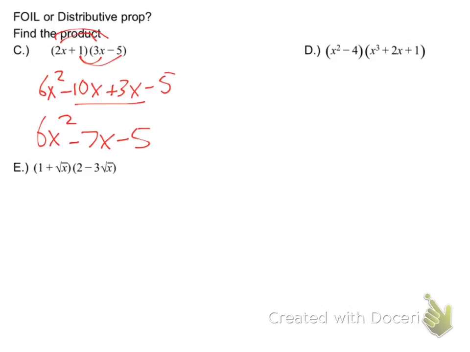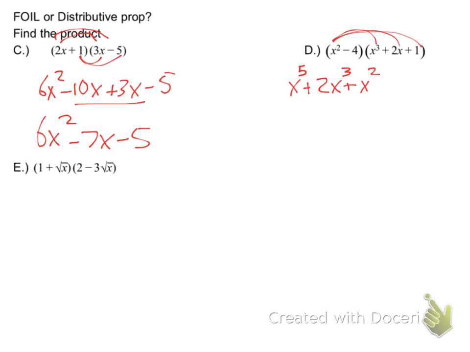D. Now what do you do? Do the same thing, right? x squared times x to the third, x to the fifth. x squared times 2x, positive 2x cubed plus x squared.